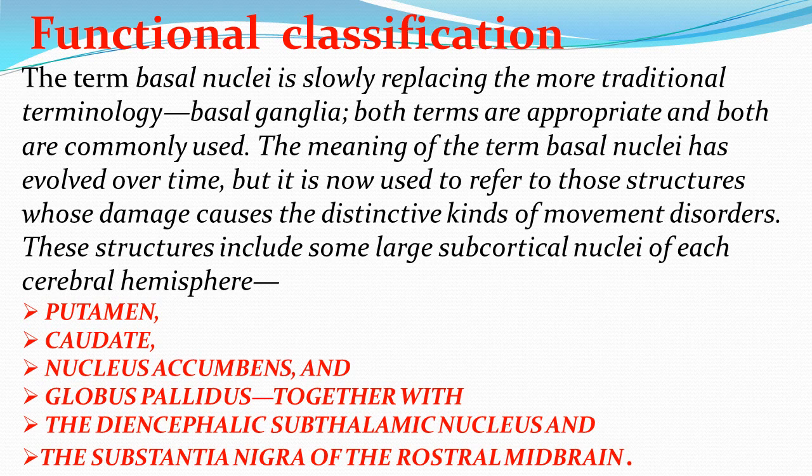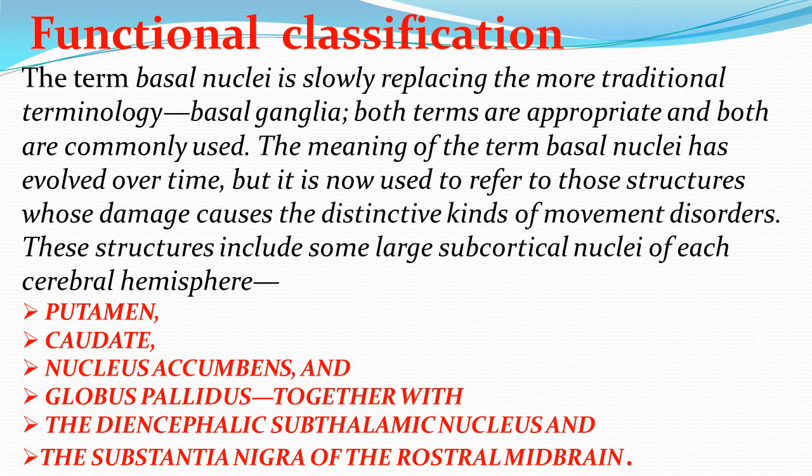The meaning of the term basal nuclei has evolved over time, but it is now used to refer to those structures whose damage causes a distinctive kind of movement disorder. I will discuss the movement disorder later on in this video.